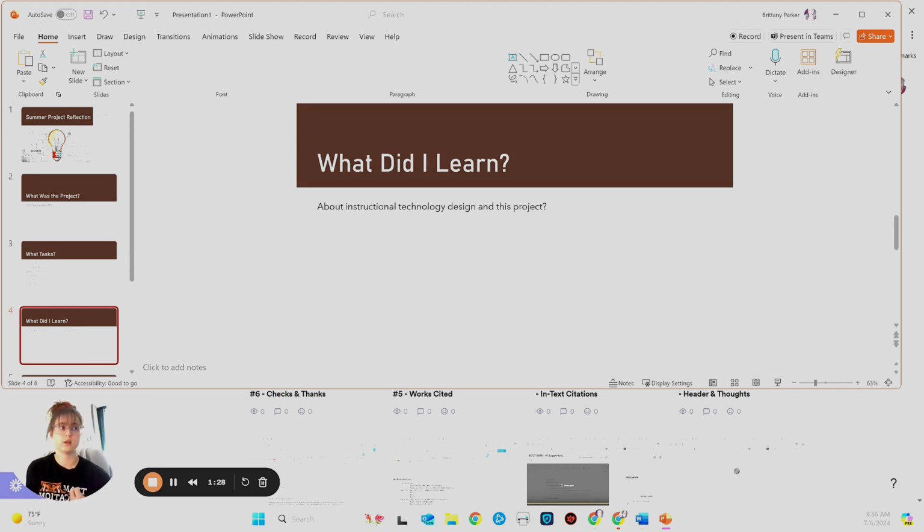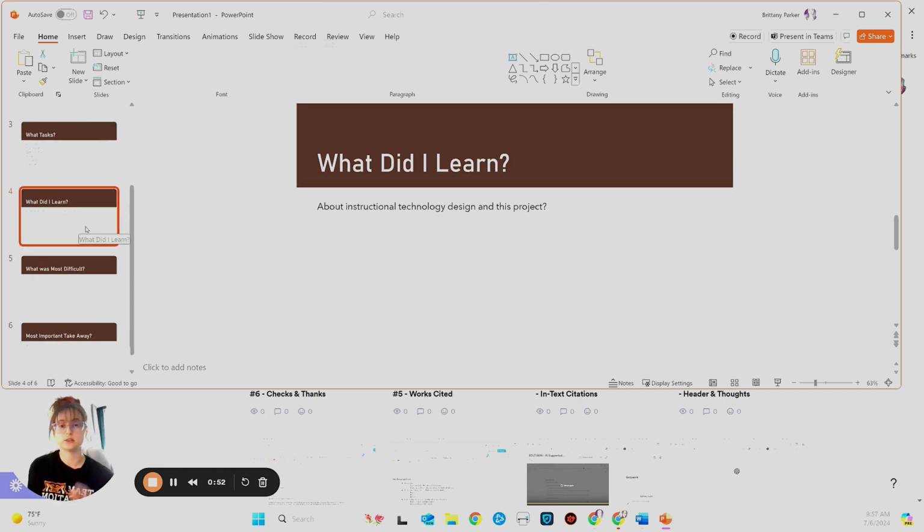Some of the tools that I was introduced to were Panopto, I'm not exactly sure how you pronounce that correctly, and Audacity. There were very many instructional tools that I was introduced to during this project that I felt were very neat to learn about. So I did learn about lots of cool new tools that I could introduce into future instructional designing inside of courses.